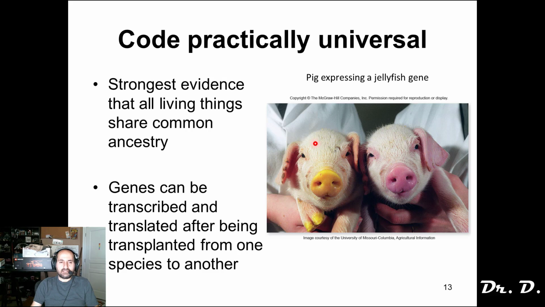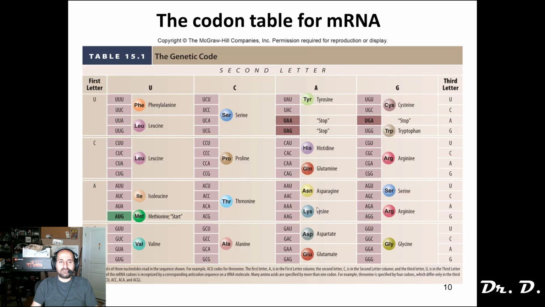Now, what does this have to do with the code being practically universal? Well, when they took the jellyfish gene, those codons were found in the jellyfish. When they put that gene into the pig, the pig was able to decipher the code the same way as the jellyfish does and produce the correct protein from it. So you see what it's getting at?